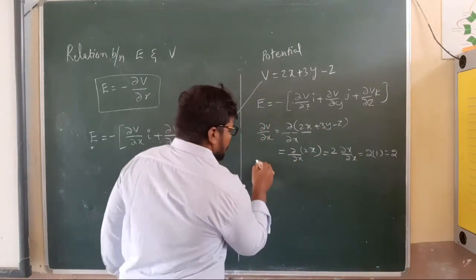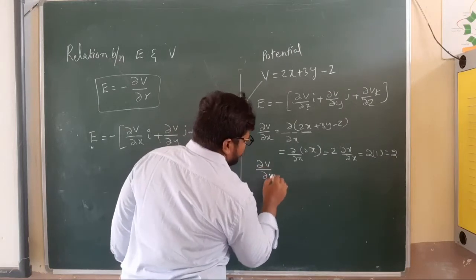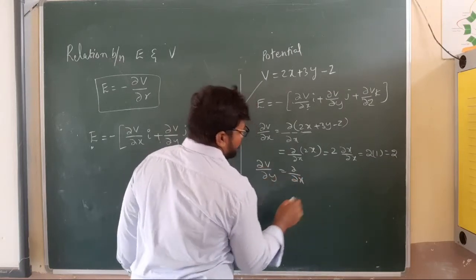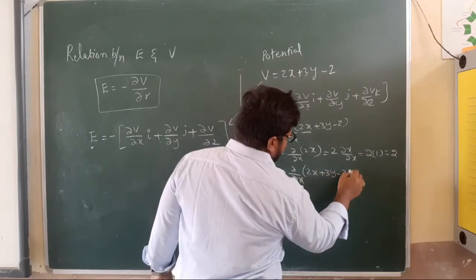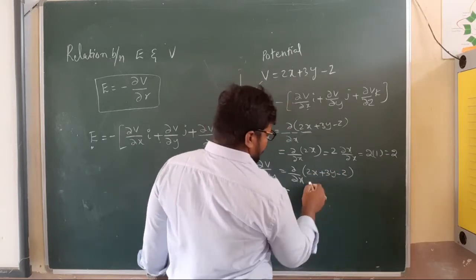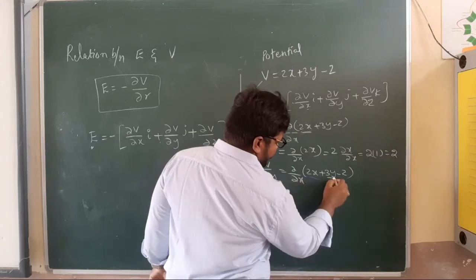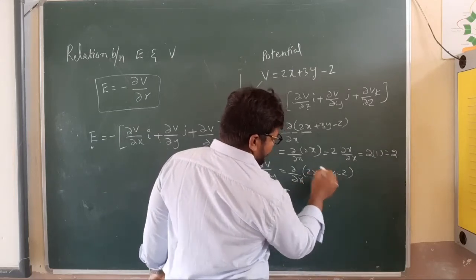Next, dou V by dou y is dou by dou y of 2x plus 3y minus z. Only the y term remains, the rest become 0.